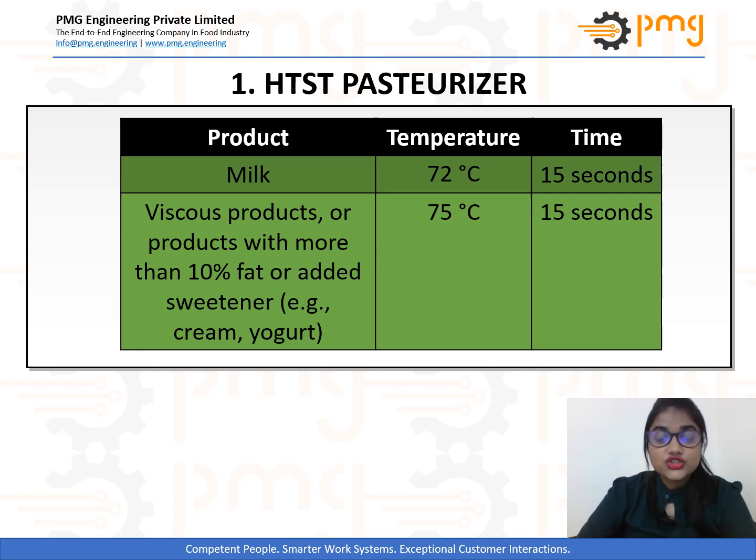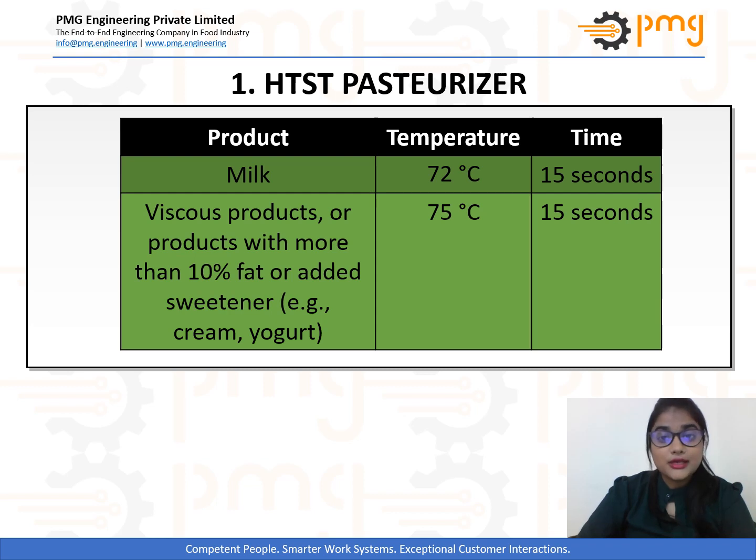As you all know, the time and temperature regime plays a very important role in achieving effective pasteurization, and if it is not followed properly, then it may result in the introduction of microbiological hazards in food products.